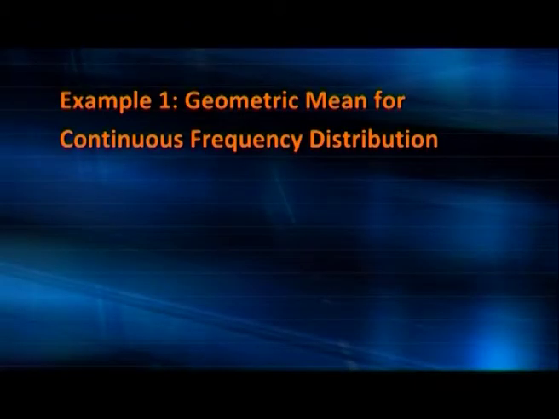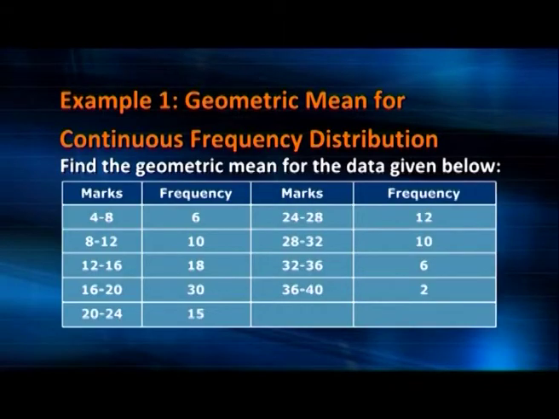Let us take a few examples to understand the computation of geometric mean in a continuous frequency distribution series. In the first example, we shall compute the geometric mean for the data given in the table as shown.